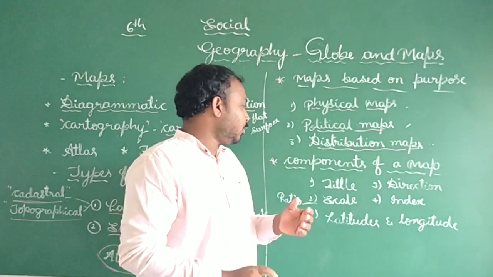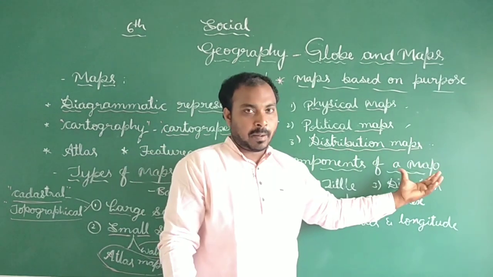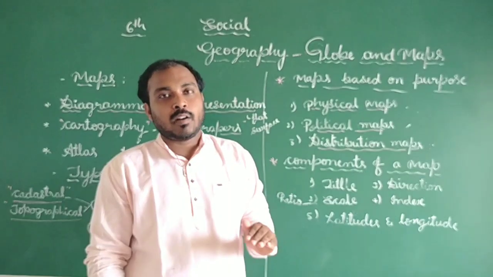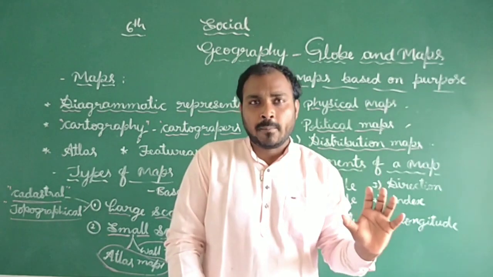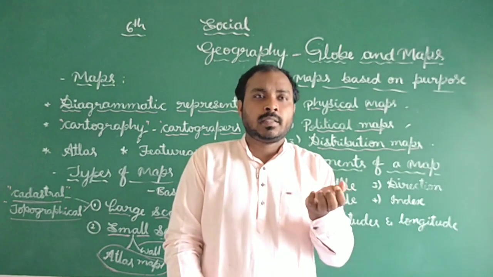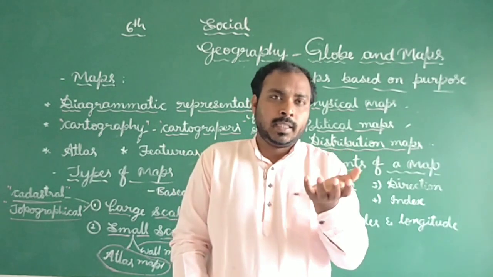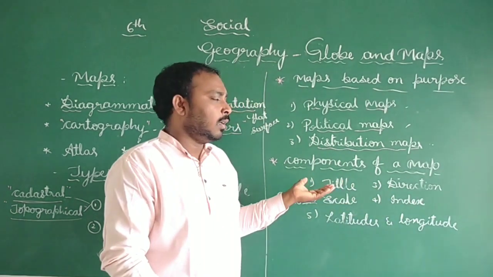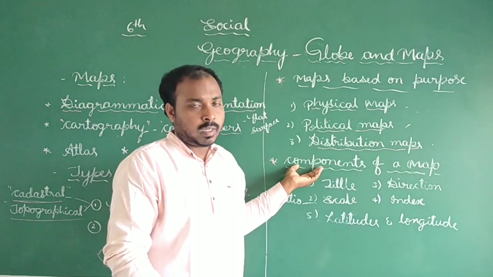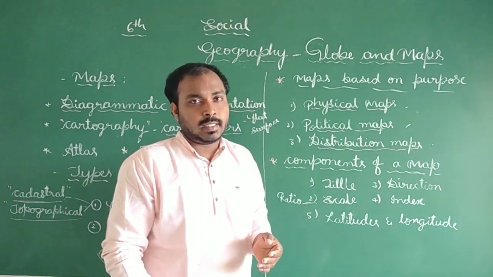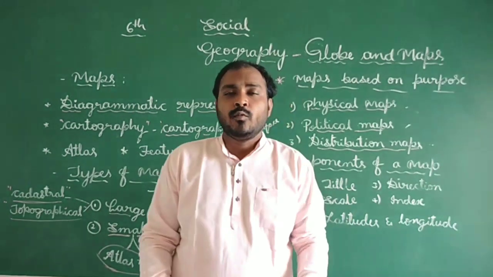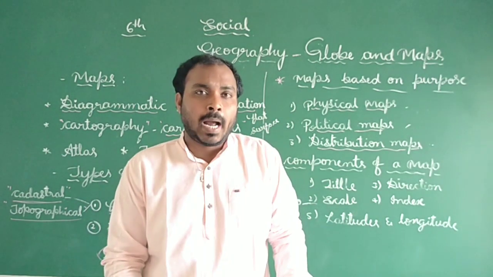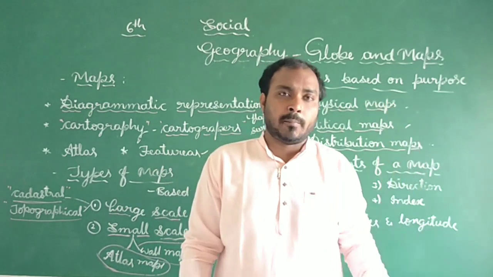Okay, next one is the components of a map. What is the meaning of the components of the map? When you prepare a map, we need some basic fundamental things. That is what the components are. The first component is the title. To make any map, we have to give a title to the map.